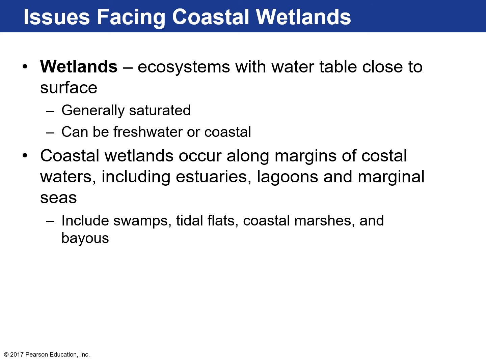That water can be coastal or brackish water, or even fresh water. Coastal wetlands occur along the margins of coastal waters, estuaries, lagoons, and marginal seas, and they include swamps, tidal flats, coastal marshes, and bayous.